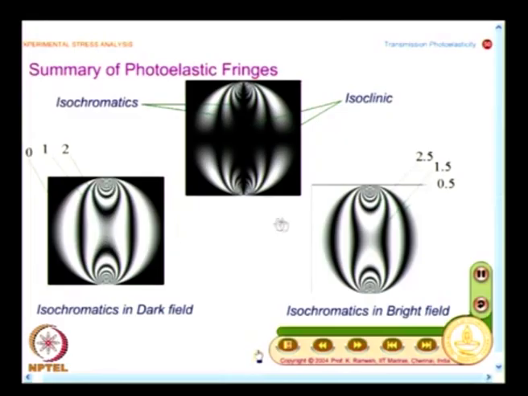The moment I come to bright field, I label the fringes as 0.5, 1.5, 2.5, and comparing these two figures you can see that these two are complementary fringe patterns. So, what was white here is dark here, and what is white here is dark here. So, in the case of a bright field you label the fringes as 0.5, 1.5, 2.5 and so on. In the case of a dark field you label them as 0, 1, 2, 3 and so on.